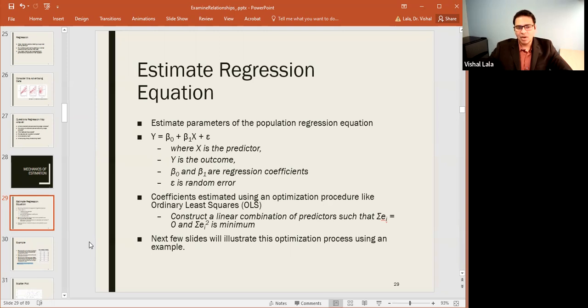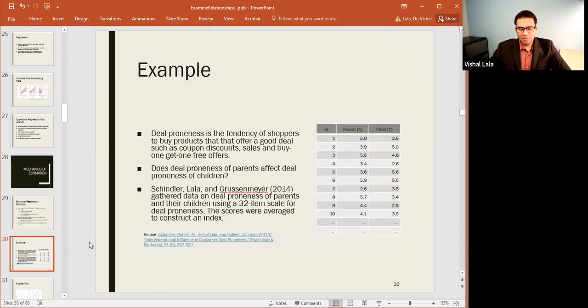Beta 0 and beta 1 are the parameters that will be estimated, also known as regression coefficients. Epsilon is a random error. We typically use a technique called ordinary least squares to figure out what are the optimal values for beta 0 and beta 1. Let's examine this OLS estimation process visually.